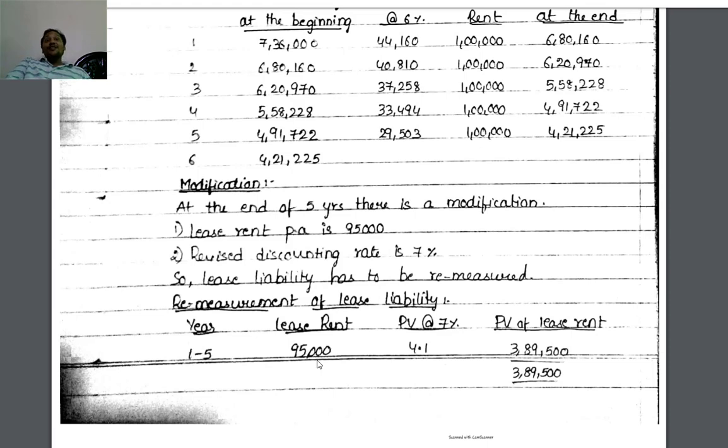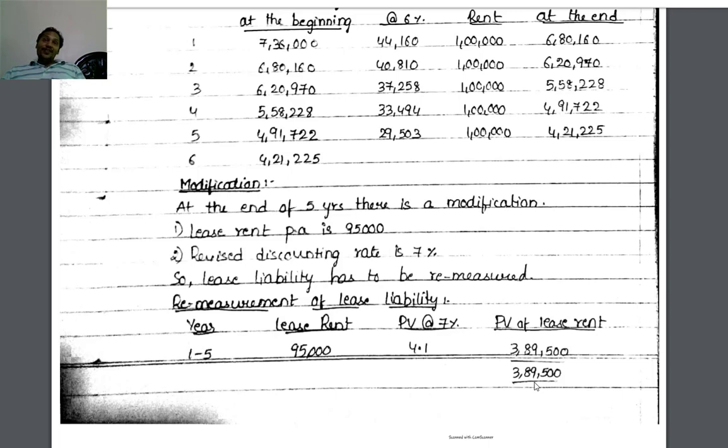Now the discounting rate changed, revised discounting rate 7%, incremental borrowing rate of lessee. 4.1 is the annuity factor. So present value of lease rent, 95,000 into 4.1, 3,89,500. So the revised lease liability is 3,89,500.